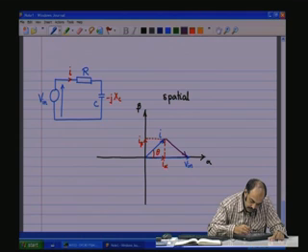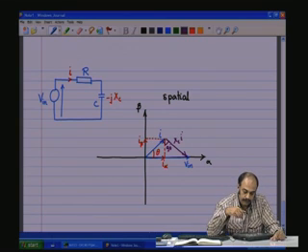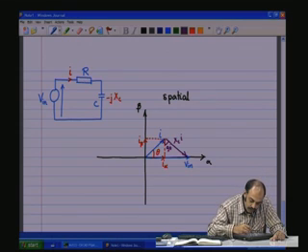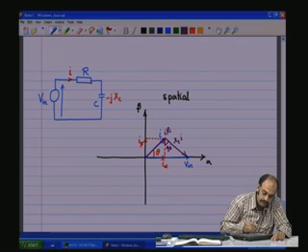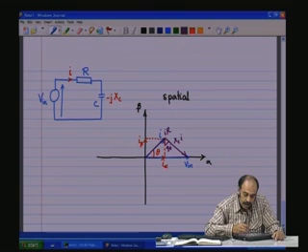So, this is 90 degrees, and this amplitude would be XC into I, and whatever I is flowing into R will be along that. So, voltage wise, if R was unity, it is I into R. If R is equal to 1, then it is the same value there, but R need not be 1.